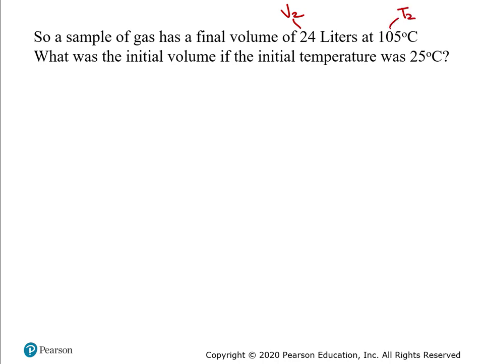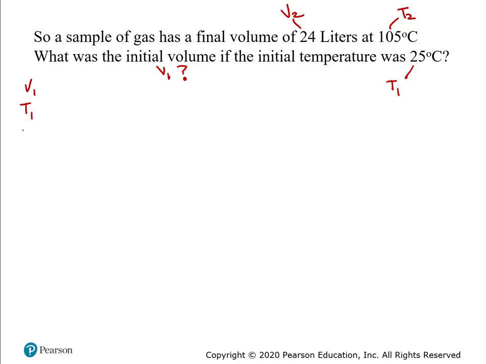What was the initial volume? So what do I want to find? V1 is what I don't know. If the initial temperature was 25 degrees Celsius, this is T1.